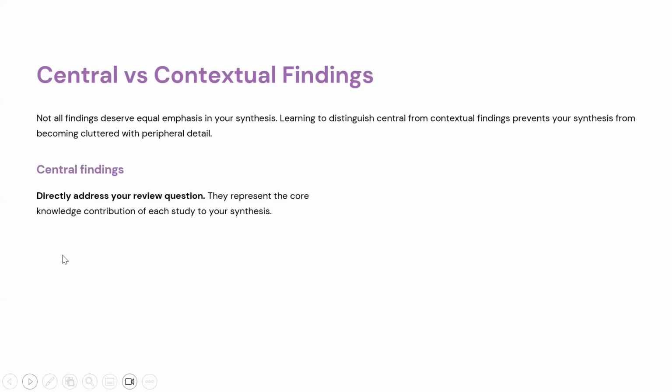So central findings directly address the review question. This is important to note because just because a particular author or authors have highlighted what their main finding in their paper is does not necessarily mean that that is what you as an individual researcher should take as a central finding. It may be the case that something that is considered very peripheral, very tangential by the main author in the paper that you're reviewing is actually quite central to your overall analysis.